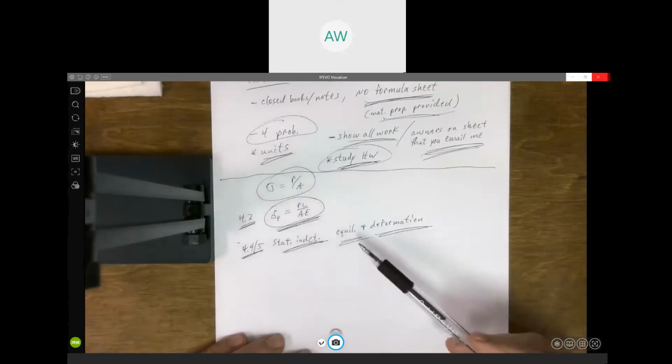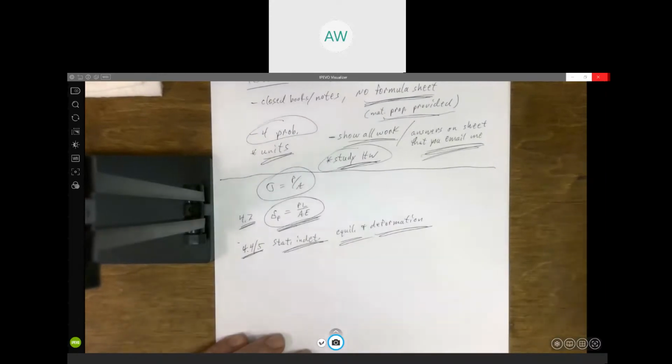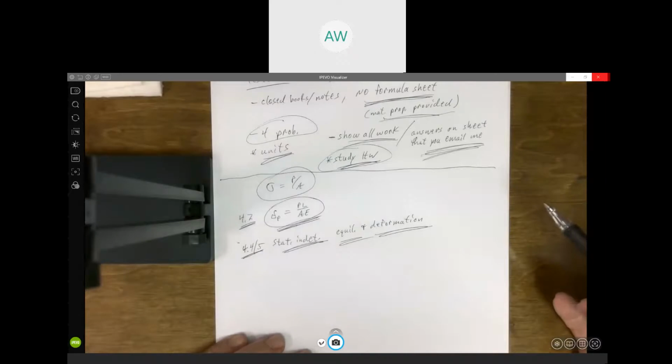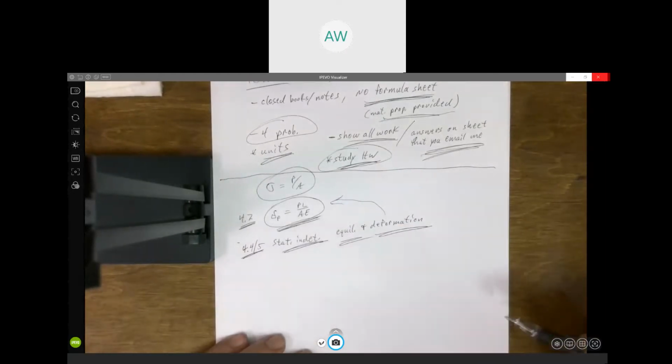So equilibrium, again, if you're in this class, you should know the 2D equilibrium equations. Sum of the forces in the x and y direction, 0. Sum of the moments at point 0. The deformation, that's that formula.